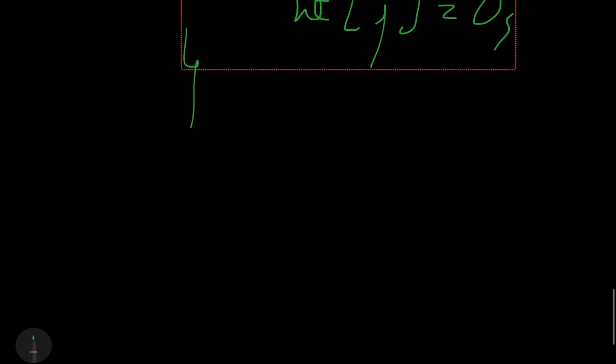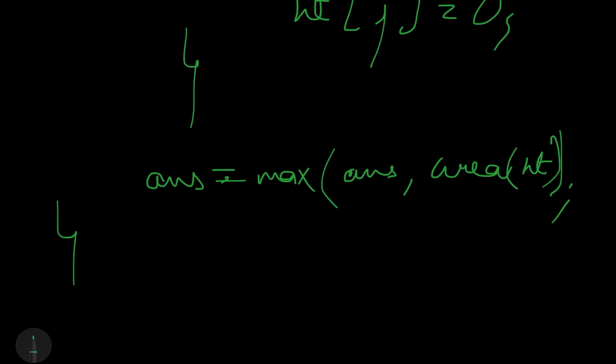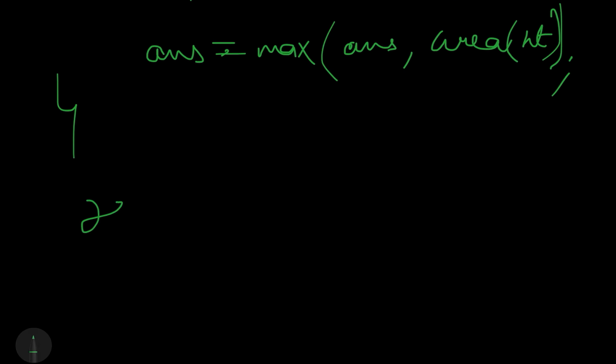Okay, and after each iteration, we'll update our answer, which is equal to max of answer, comma area. We'll call this area function and pass this height, and finally return our final answer.